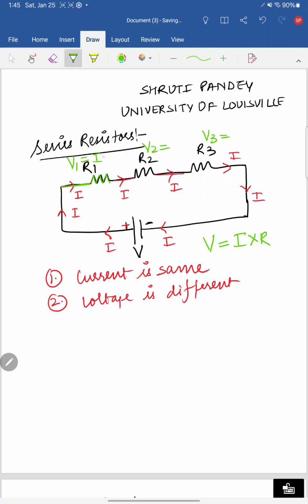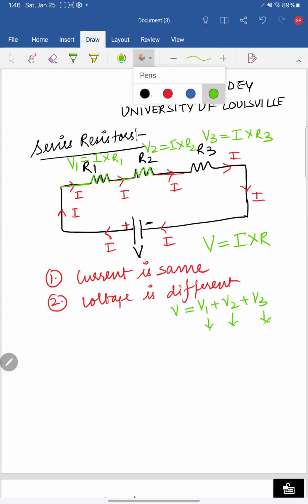It's I, and the value of the resistor is R1. Similarly, the current flowing through R2 is I, so V2 is I multiplied by R2, and V3 is I multiplied by R3, right? So you see that V is equal to V1 plus V2 plus V3. All three voltages across the three resistors are different and the current is the same.